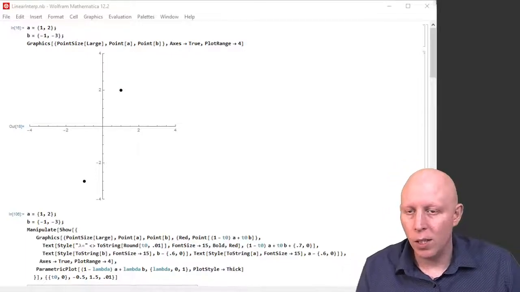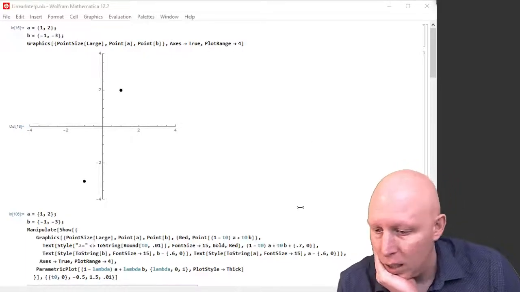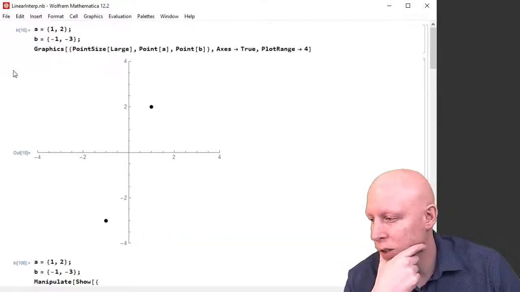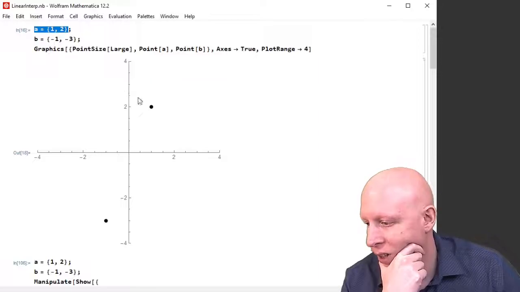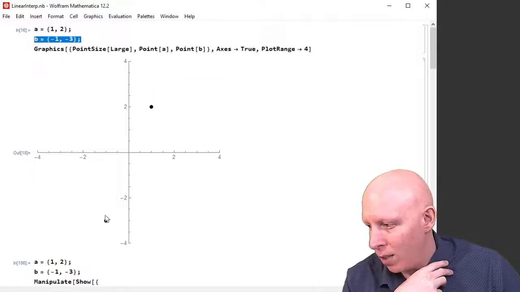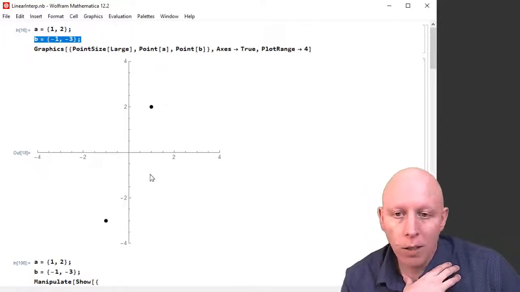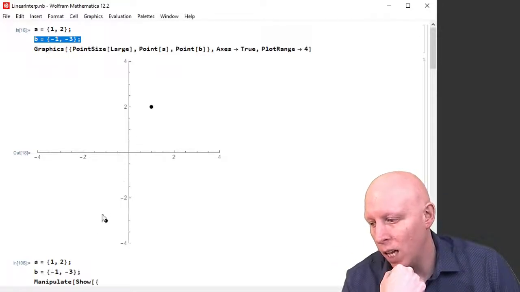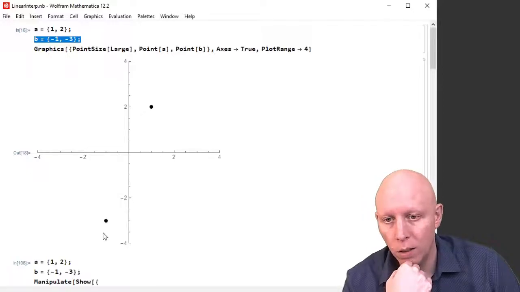All right, so what do we have here? Let me make this a bit bigger. So we're choosing 2 points. A, that's this point here, 1, 2. And B, here is -1, -3. And we're displaying them on a graph. Now we're going to interpolate between those, and that's going to create the line between these 2 points.